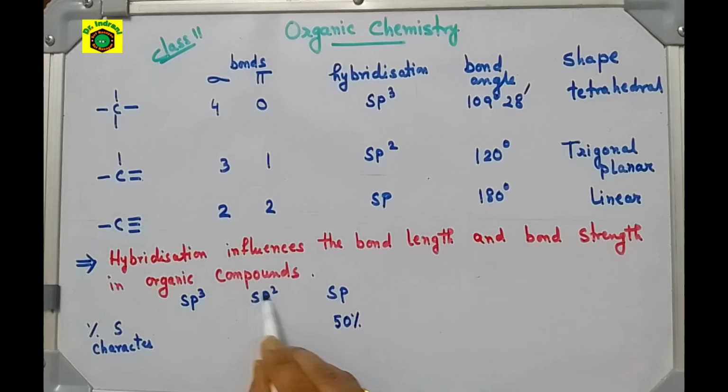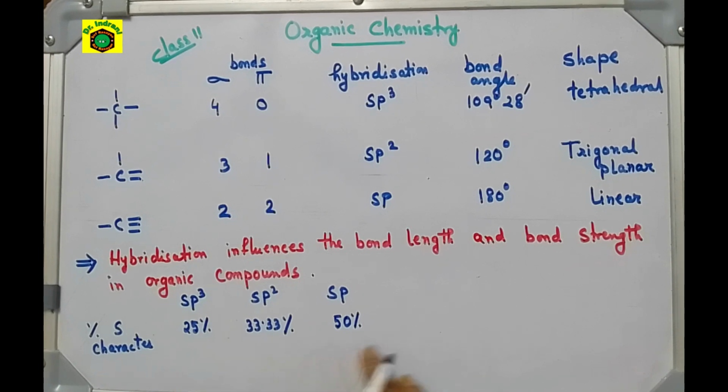Here out of 3 orbitals, 1 is S. So, this is 33.33%. And here out of 4 orbitals, 1 is S. So, it is 25%. For sp, sp2 and sp3 hybridized orbital, percentage S character is 50%, 33.33% and 25% respectively.